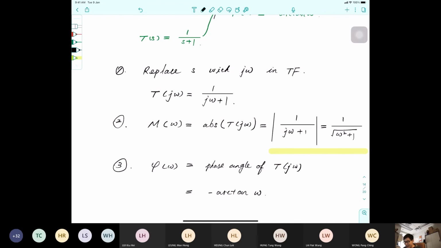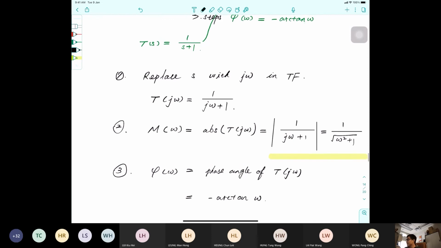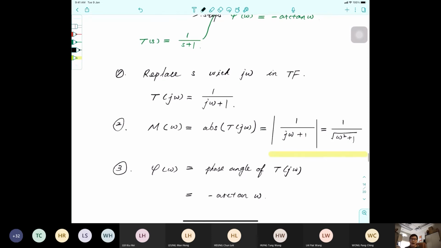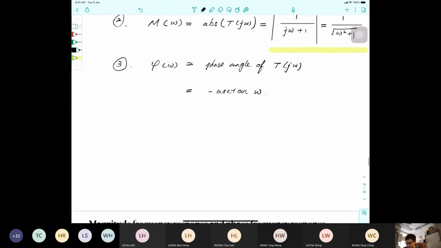Here it is negative arctangent omega. So this is how we obtain the frequency response in magnitude and phase.